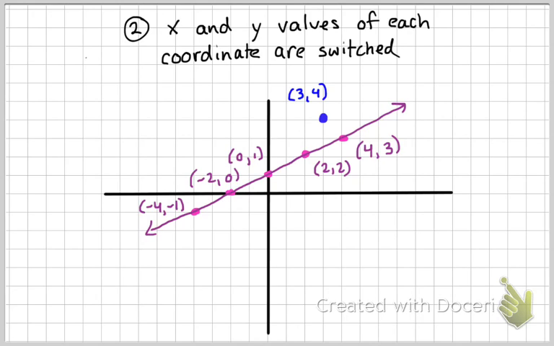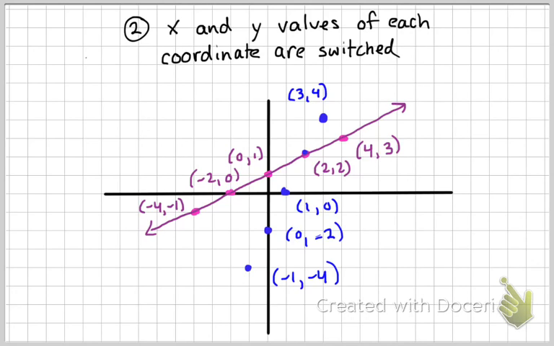If I have a coordinate at (2, 2), I will have a coordinate at (2, 2) for the inverse. If I have (0, 1), I will have (1, 0). If I have (-2, 0), I'll have (0, -2). And if I have a coordinate at (-4, -1), I'll have one at (-1, -4) on the other side.